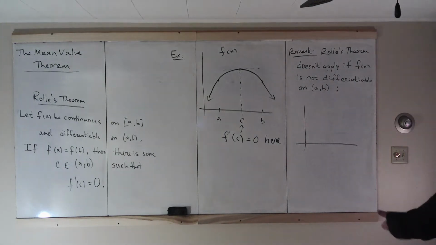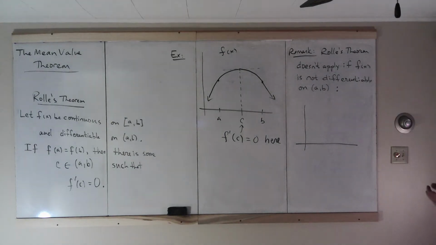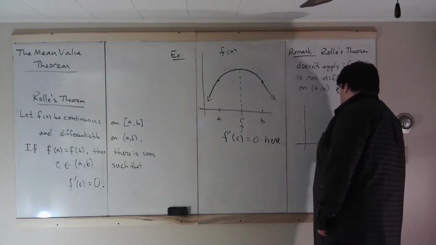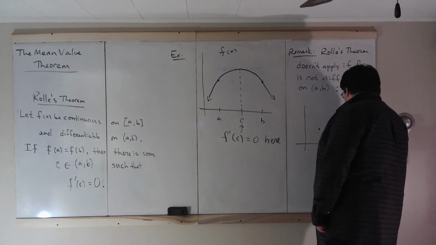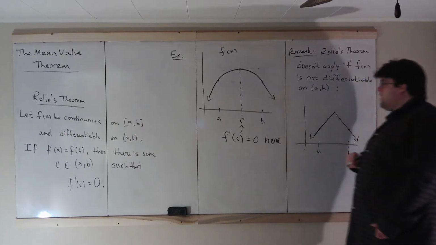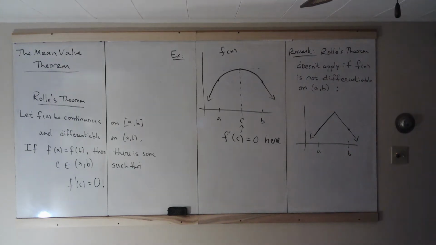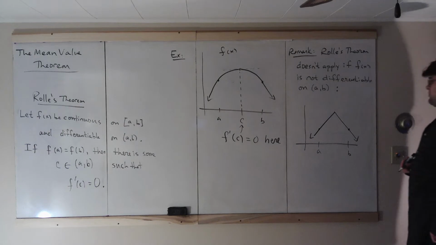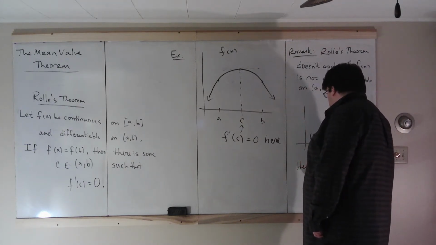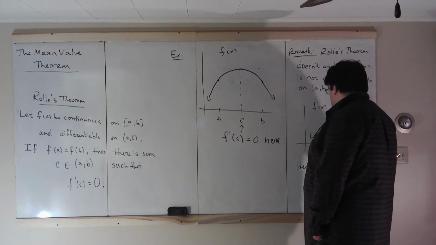But why does this theorem not necessarily hold if the function is not differentiable? Well, let's look at this curve. f of a equals f of b. It's continuous, not differentiable. So here, let's call this f of x.